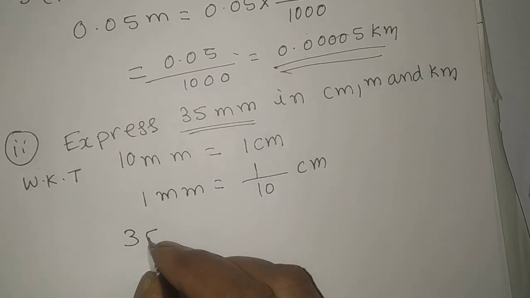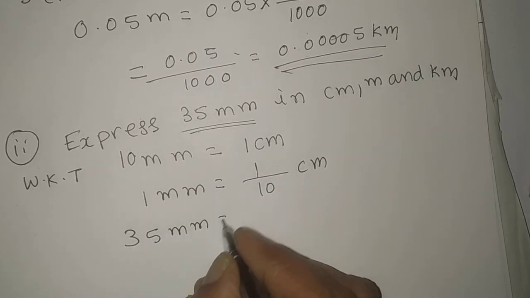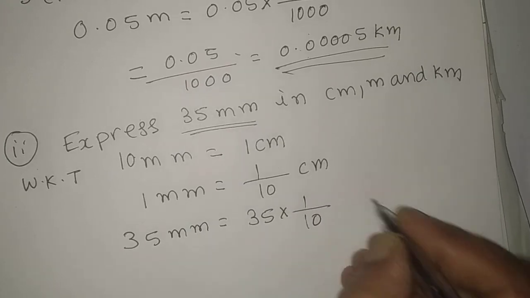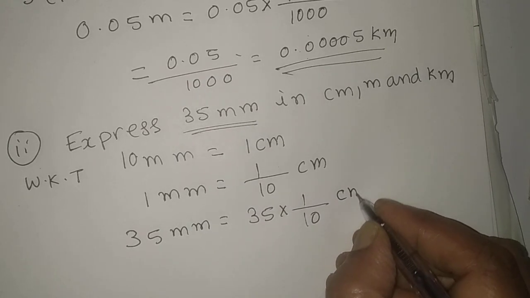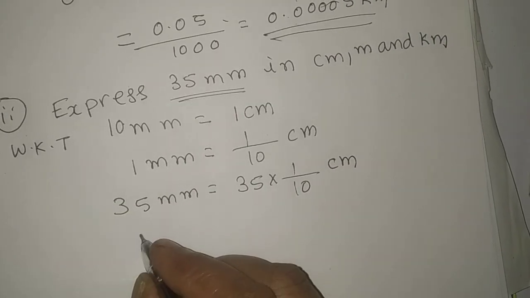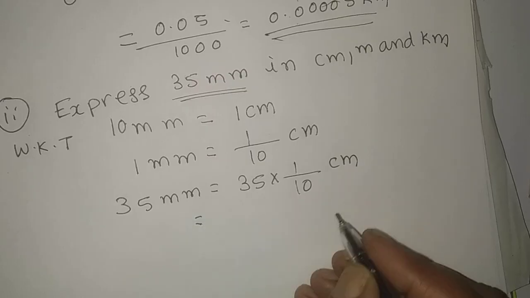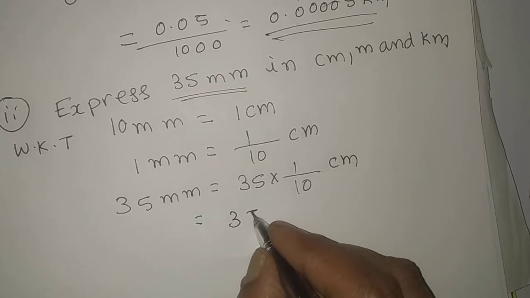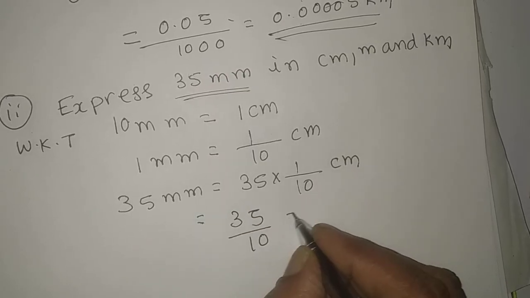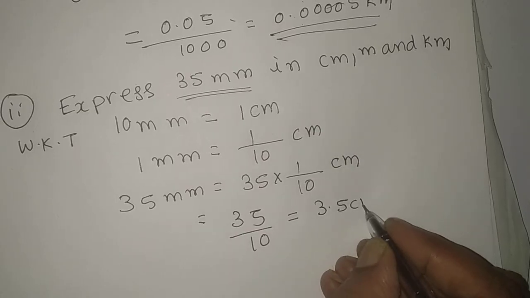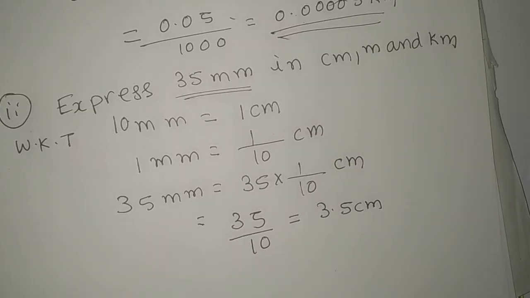Similarly, for 35 millimeters, 35 into 1 by 10 centimeters. Therefore, this will be equal to 35 by 10, which is equal to 3.5 centimeters.